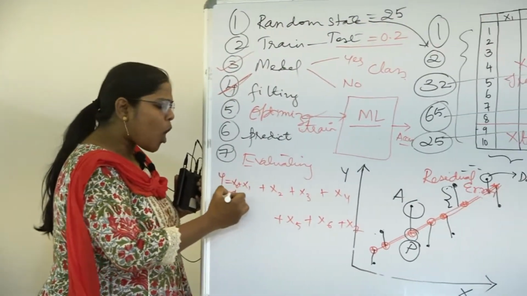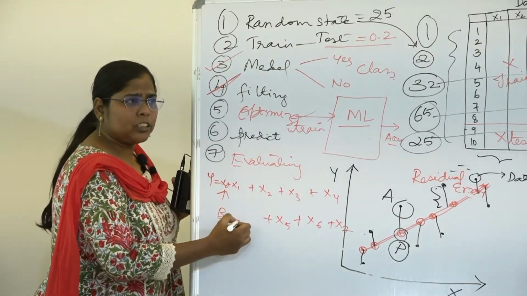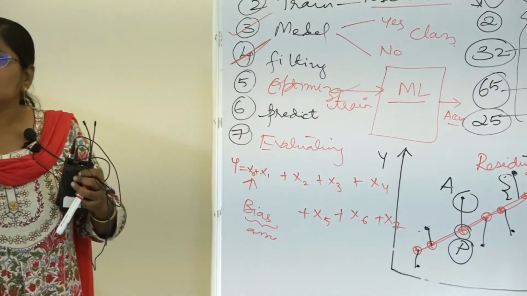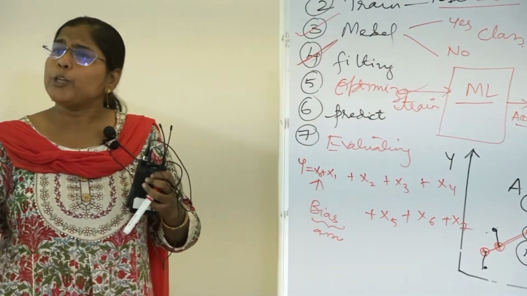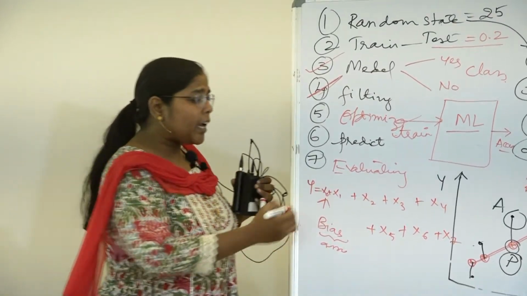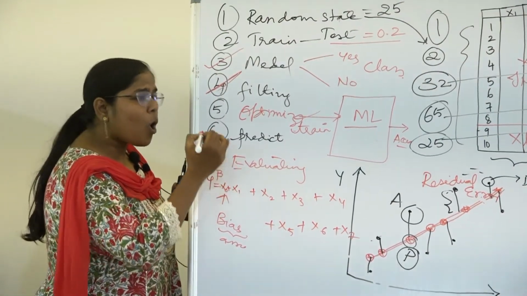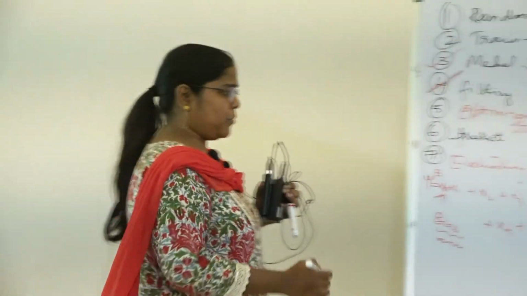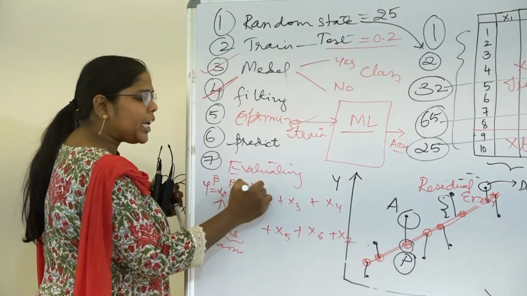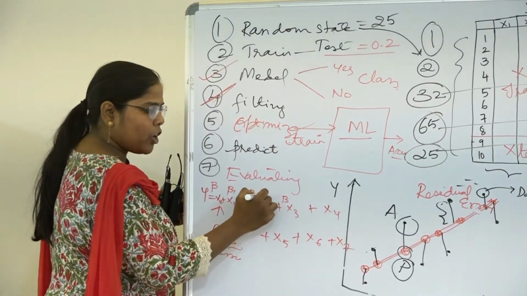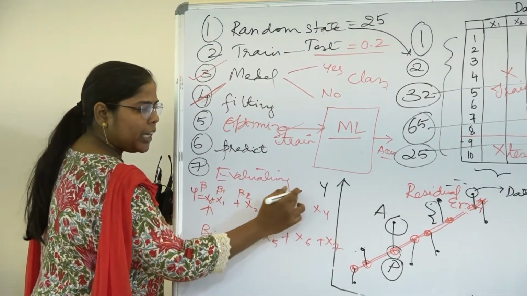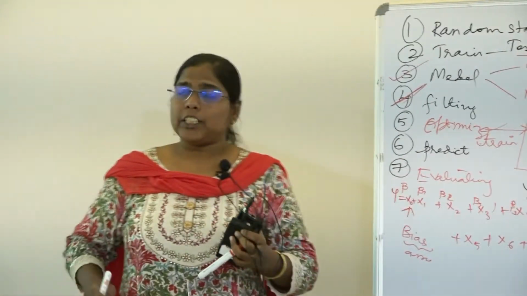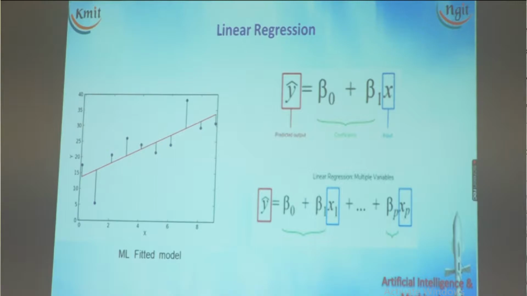This x0 we call bias or assumptions. When we do assumptions, there is a coefficient and also an intercept. So always each variable has some coefficient.